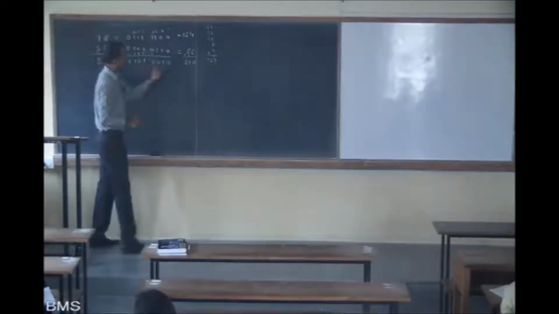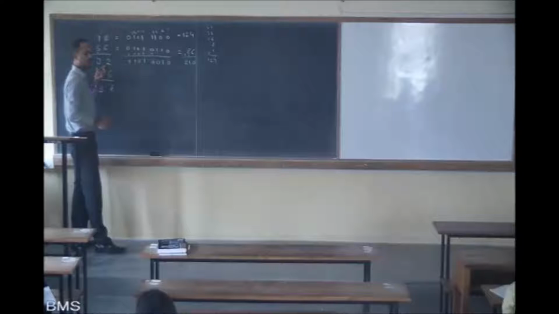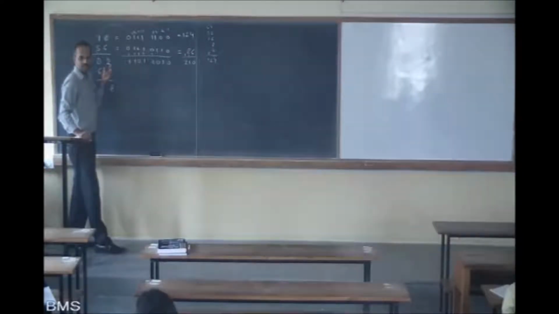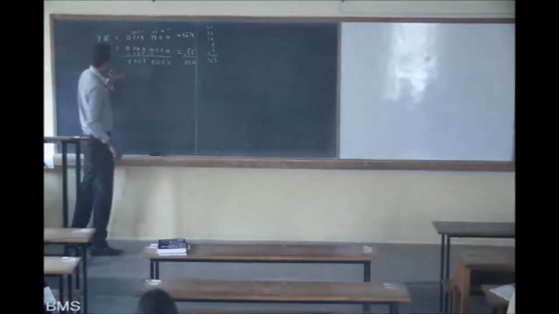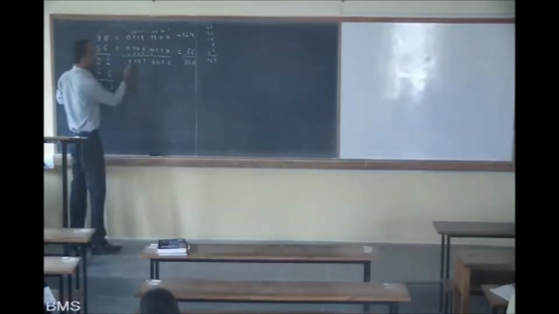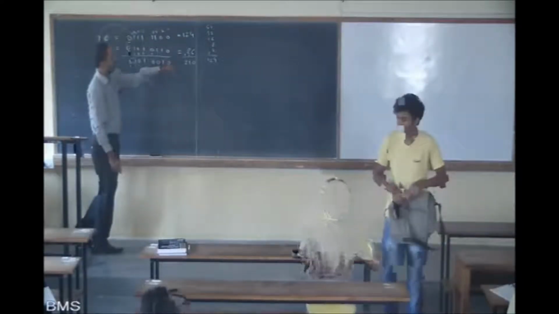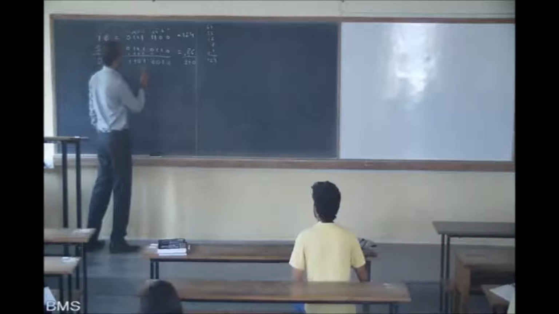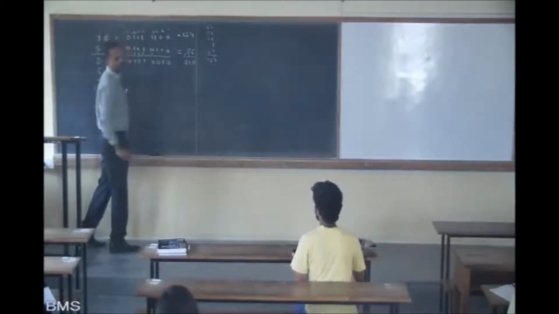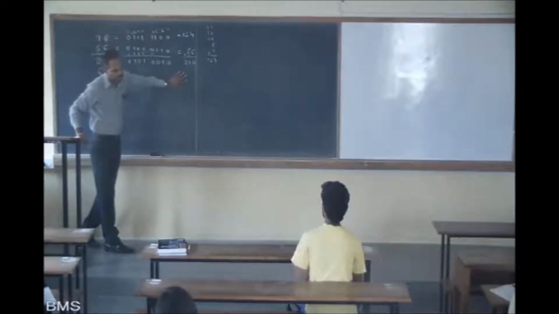If you convert this to decimal, it should also be the same. If you convert this to hexadecimal, it should also be the same. You're understanding what I'm saying? Is it D2? This is D, this is 2. If you calculate with respect to decimal, it has to be 128 here. 128 plus 64 plus 16 plus 2. 210. Is it clear?